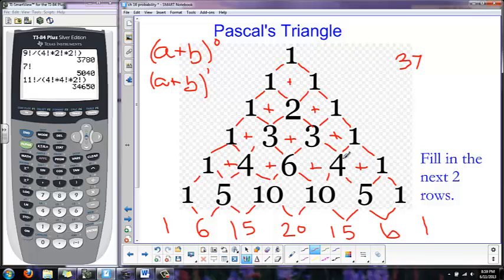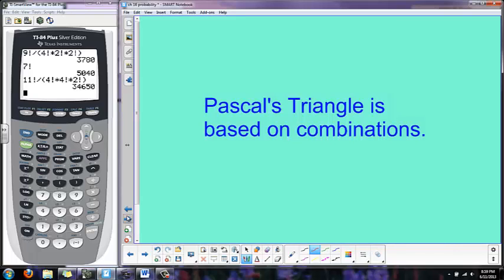So there must be a different way that we could figure out what the coefficients in front of those terms are. Another cool thing about Pascal's triangle is that it is actually based on combinations, the combinations that we were just doing in the previous video, nCr, the button on your calculator.